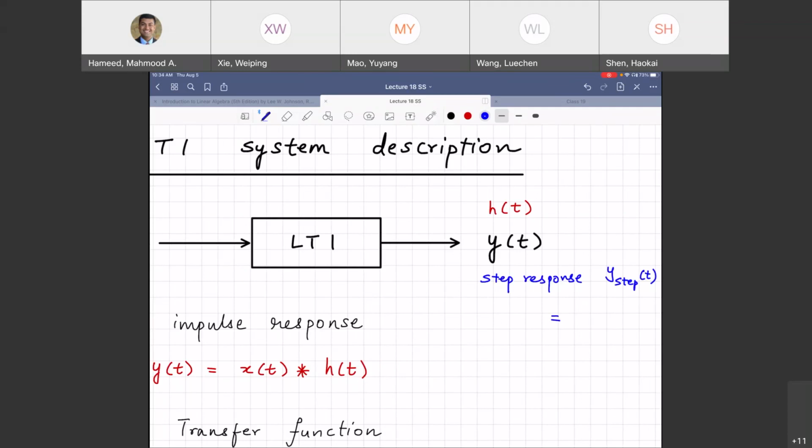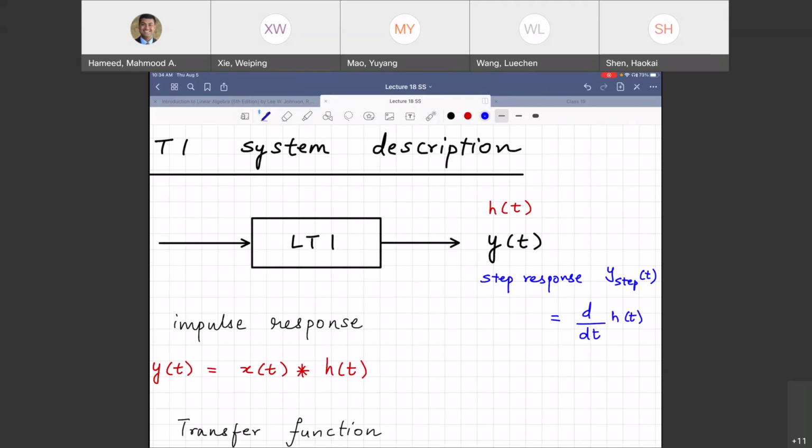Guys, remember step, impulse, derivative, right? Derivative of impulse response is step response?